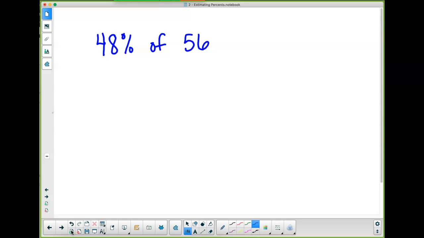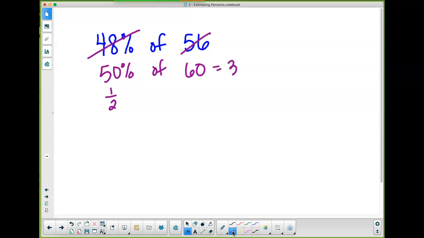And those numbers are close. So she said, let's change it. Not 48%, but 50% of not 56, but 60. That's easy for me to do in my head. 50% is 1/2. What's half of 60? Half of 60 is 30. So there's my answer.